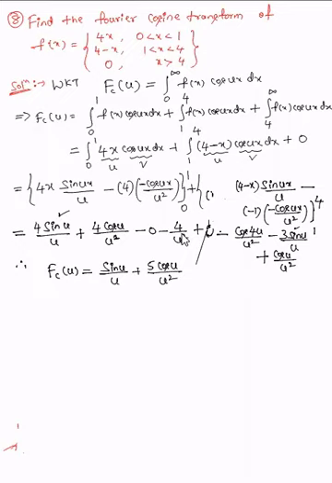Then from this term and from this term, and from this minus cos 4u by u square, these two I can write as they are because no additions or subtractions will come. So it is minus cos 4u by u square, then minus 4 by u square.